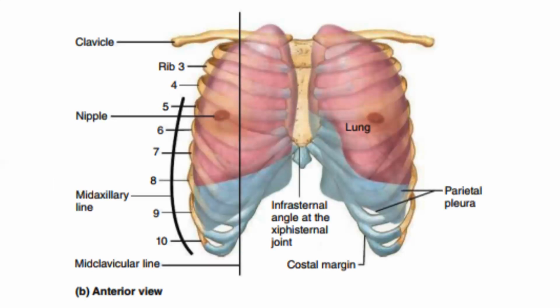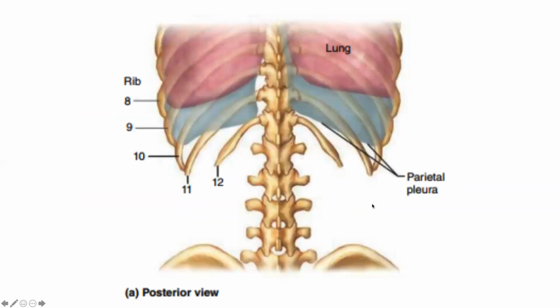Now look at that. We have our lungs here, we have our pleura, which extends beyond the lung substance. And this is the posterior view. The pleura extends beyond, so that when we breathe in, the lung expands and there is a space in the pleura for the lung to expand.